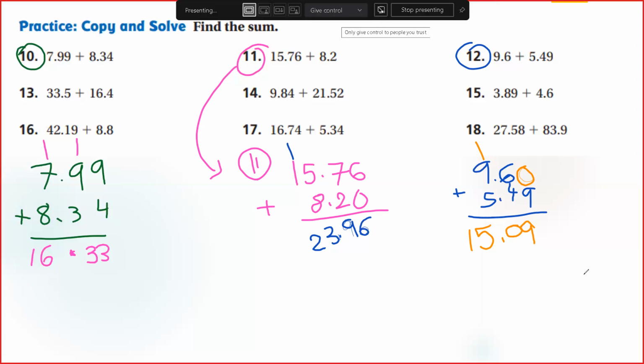Okay, now number 17. Still no? How number 17 now? Okay, now number 17.